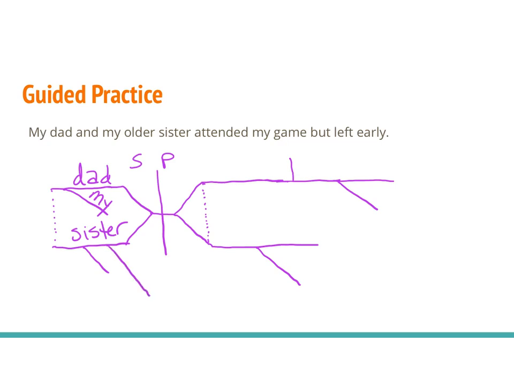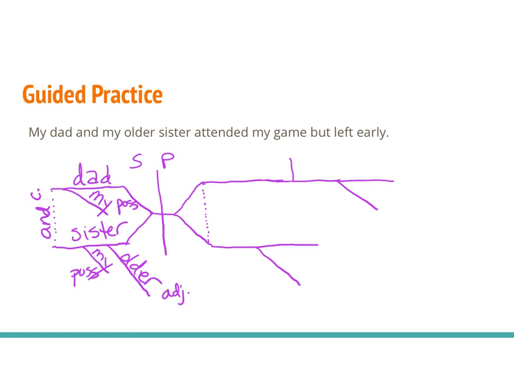My older sister. And I should have the word and written there. Okay, so I've got a possessive pronoun right there, right there. Older is coming off of the word sister. It's identifying which sister, so therefore it is an adjective.